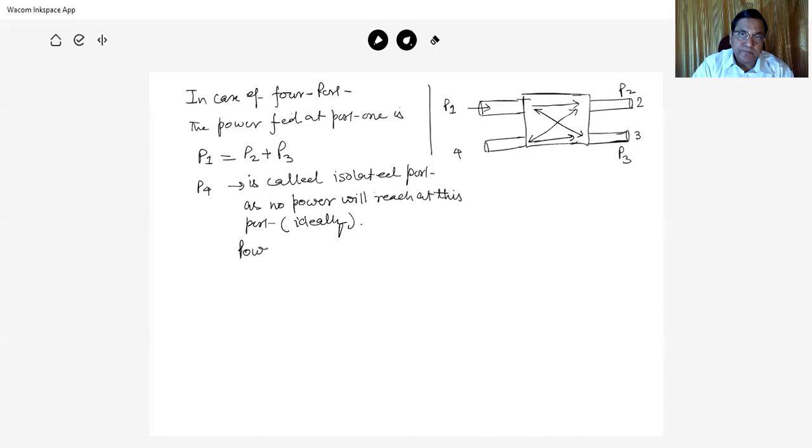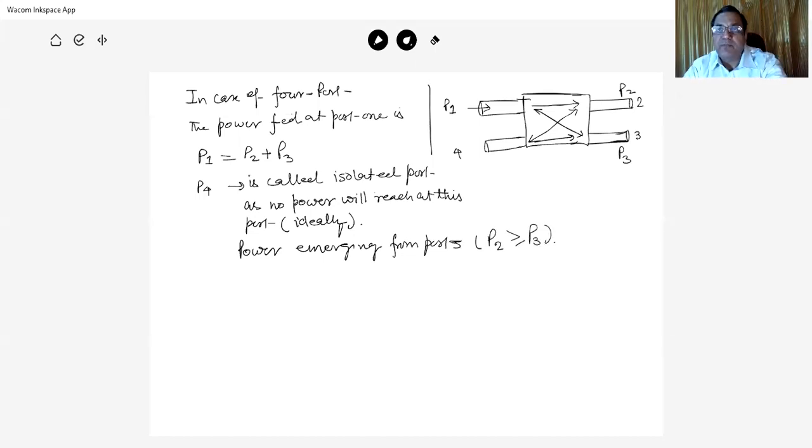Power emerging from port 2 is greater than or equal to power from port 3.